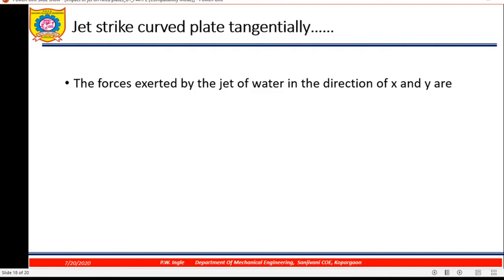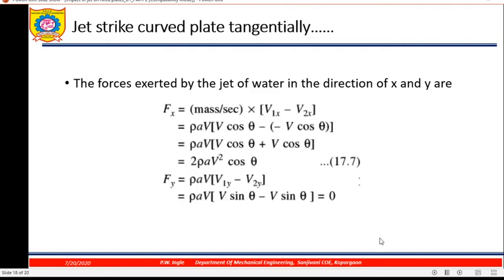Therefore the forces exerted by the jet of water in the direction of x and y. Fx equals mass per second, by applying the impulse momentum principle. What is the impulse momentum principle? F dt equals m dv, so F equals m by dt. m by dt is nothing but mass per second, so it is rho a v times (v1x minus v2x).